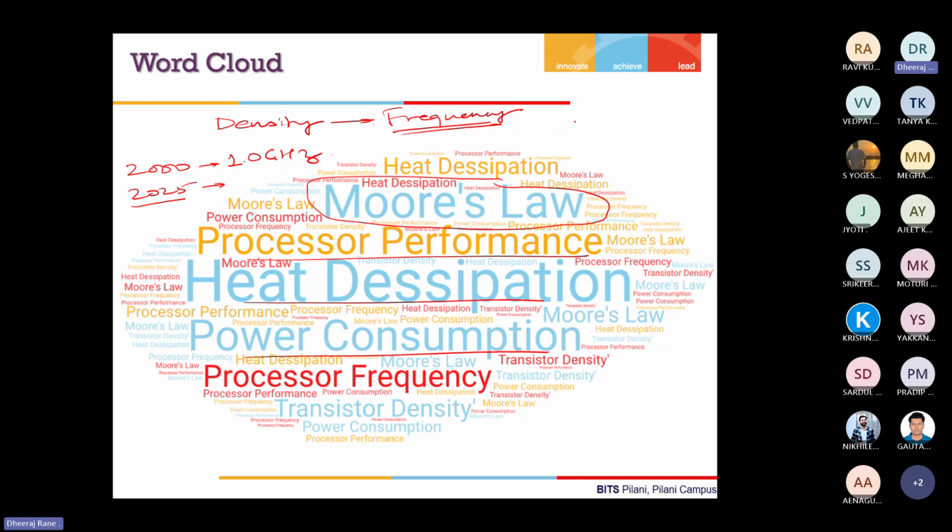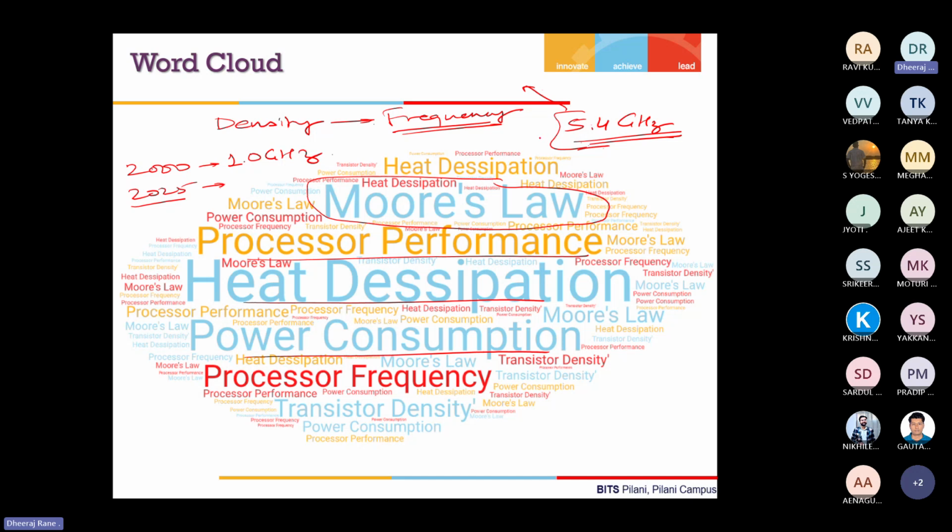My system has a maximum turbo frequency of 5.4 gigahertz, right? But in Xeon, you will hardly find any processor with a frequency of 5.4 gigahertz. I checked this 6 to 8 months back.